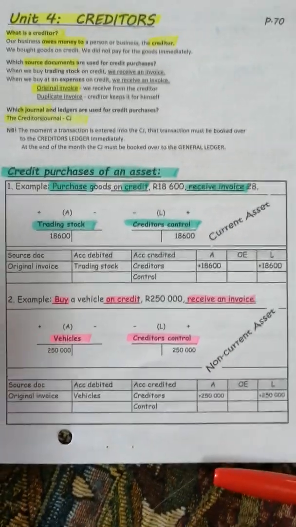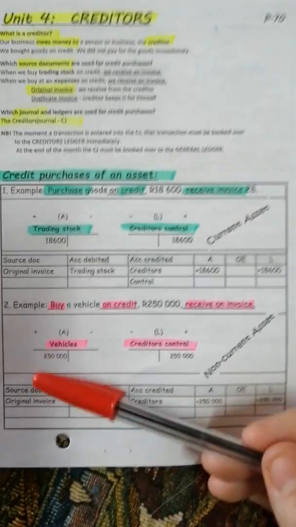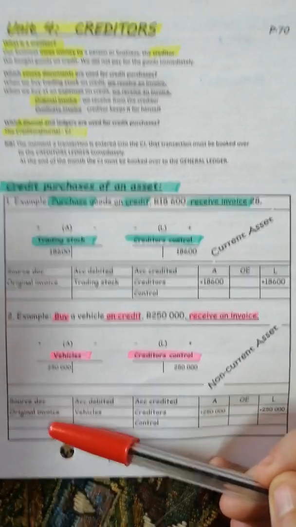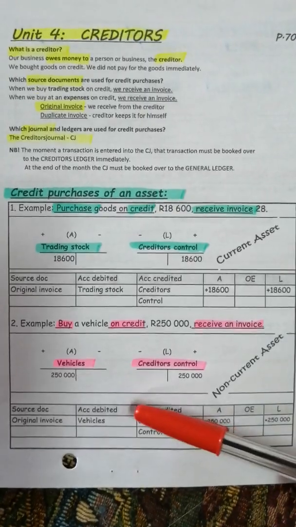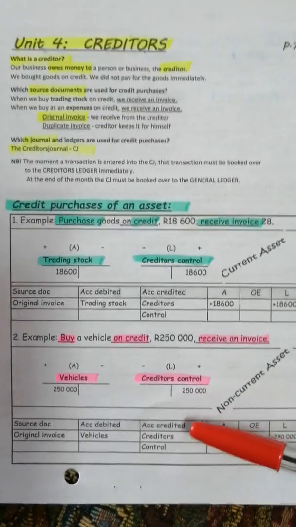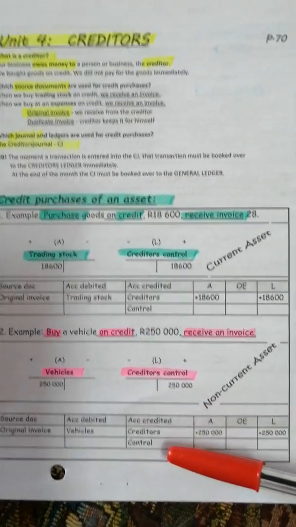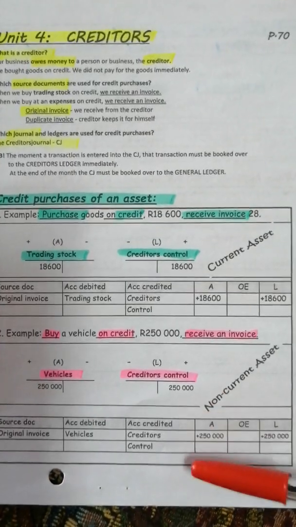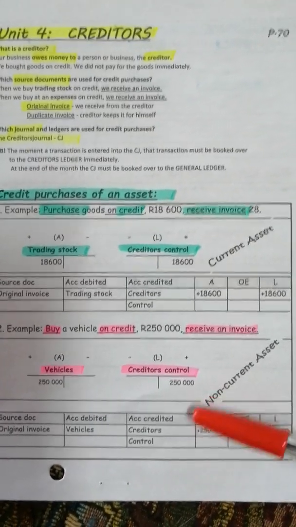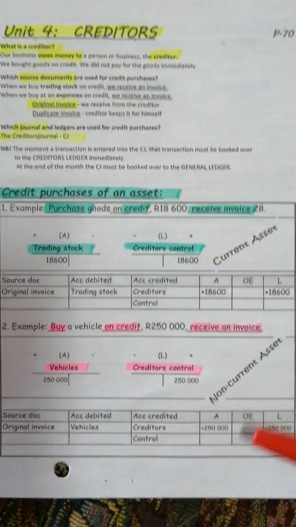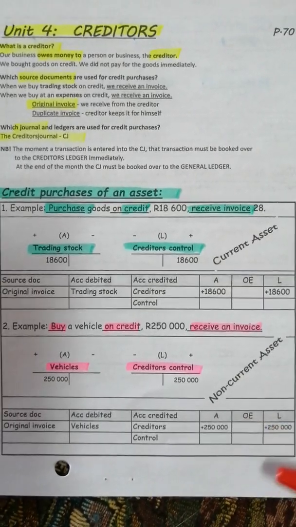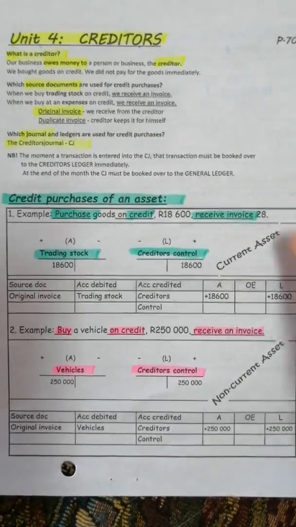Let's look at your accounting equation. Source document will be original invoice. Account debited, vehicles. Account credited, Creditors Control. Because vehicles is an asset, your assets will increase, and because you owe more, liabilities will increase.